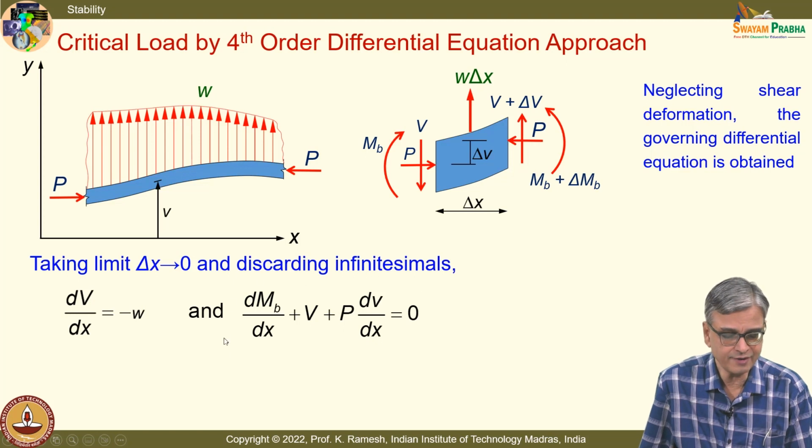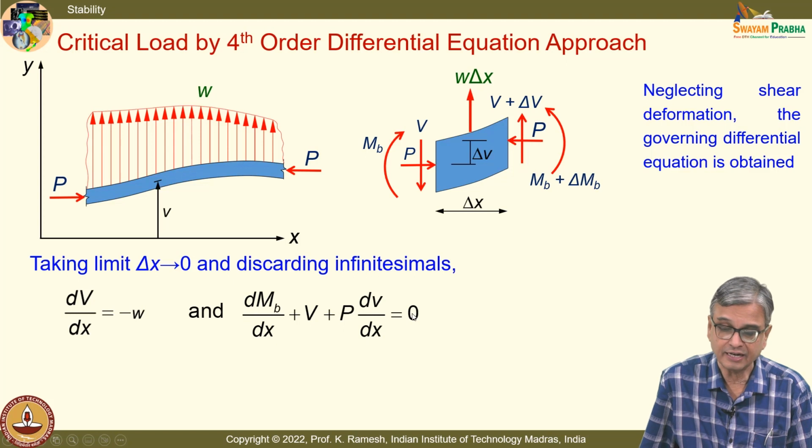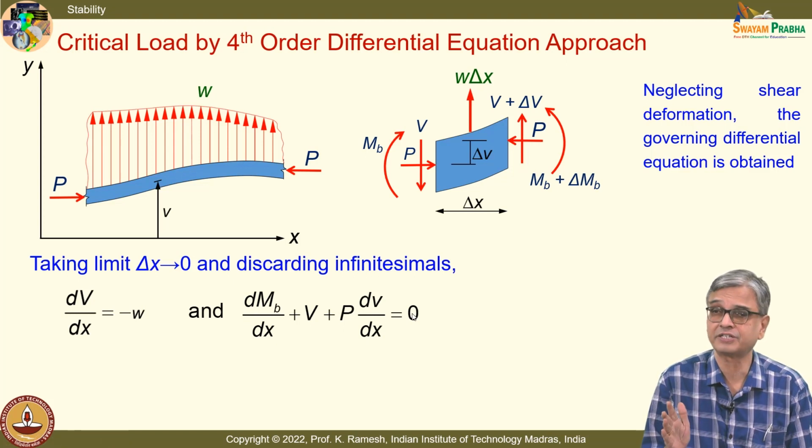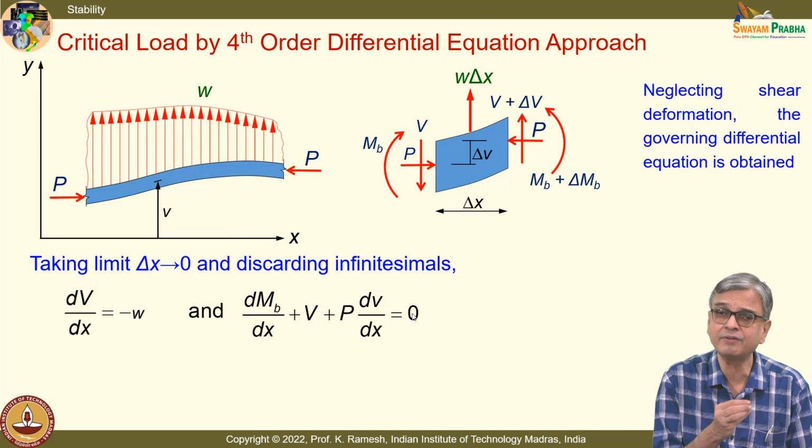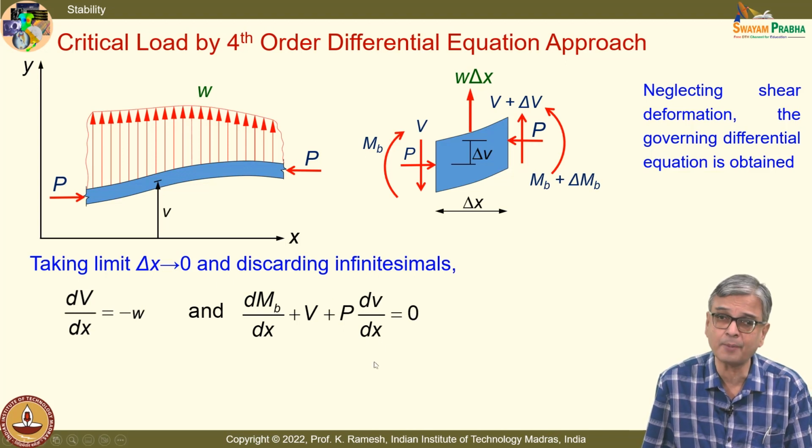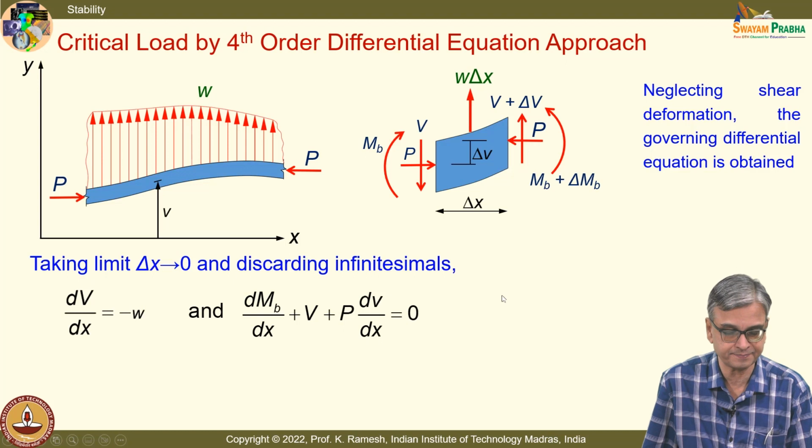And you will also have to appreciate this does not take into account the shear deformation. Even in our bending deflection, the governing equation, we never worried about shear deformation. We were worried only about the contribution from bending. So, the same limitation applies to this expression also. Neglecting the shear deformation, the governing differential equation is obtained.